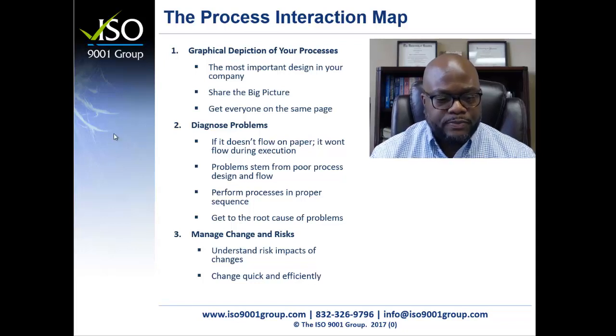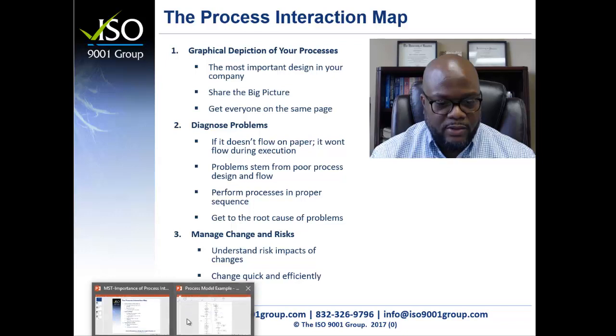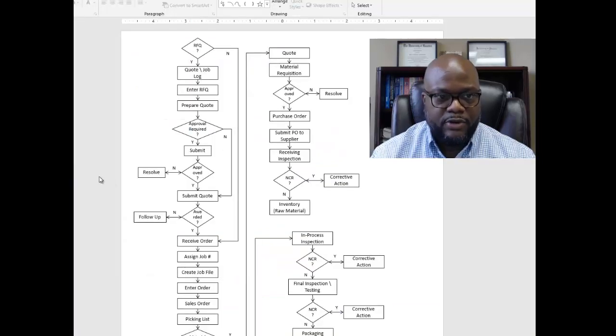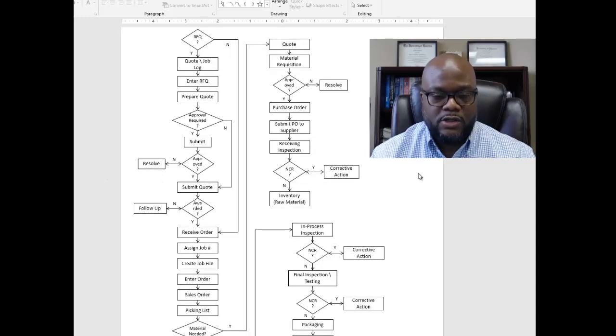So what I would like to do now is to give you an example of a good process interaction map. So here's a process interaction map, right? We can see that it starts off with the initial process in your organization. So for this example, the first one is the request for quote process, right?